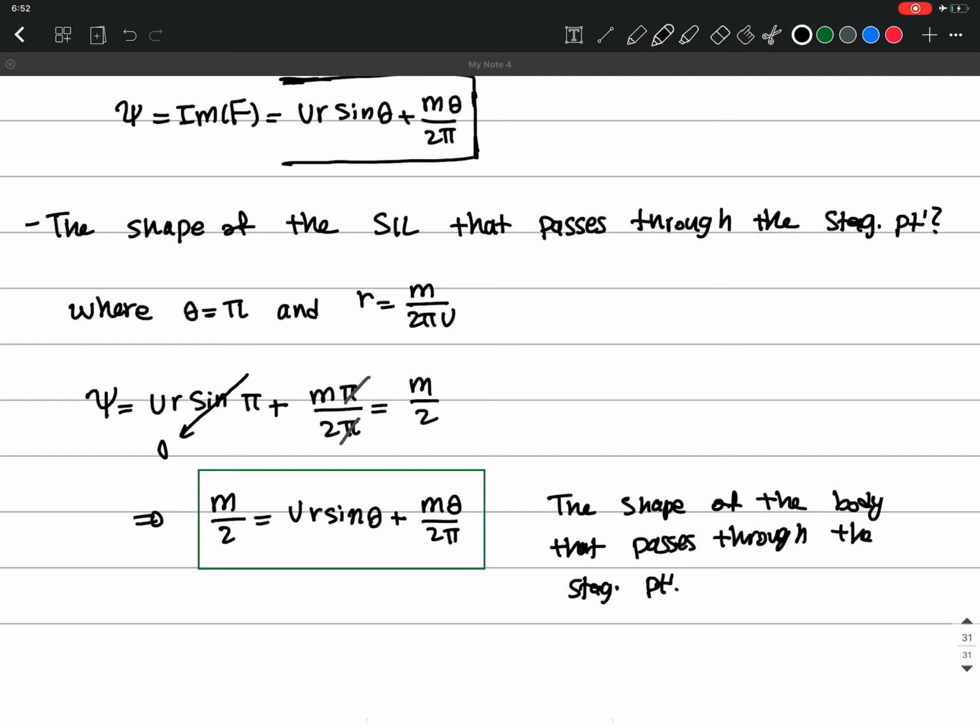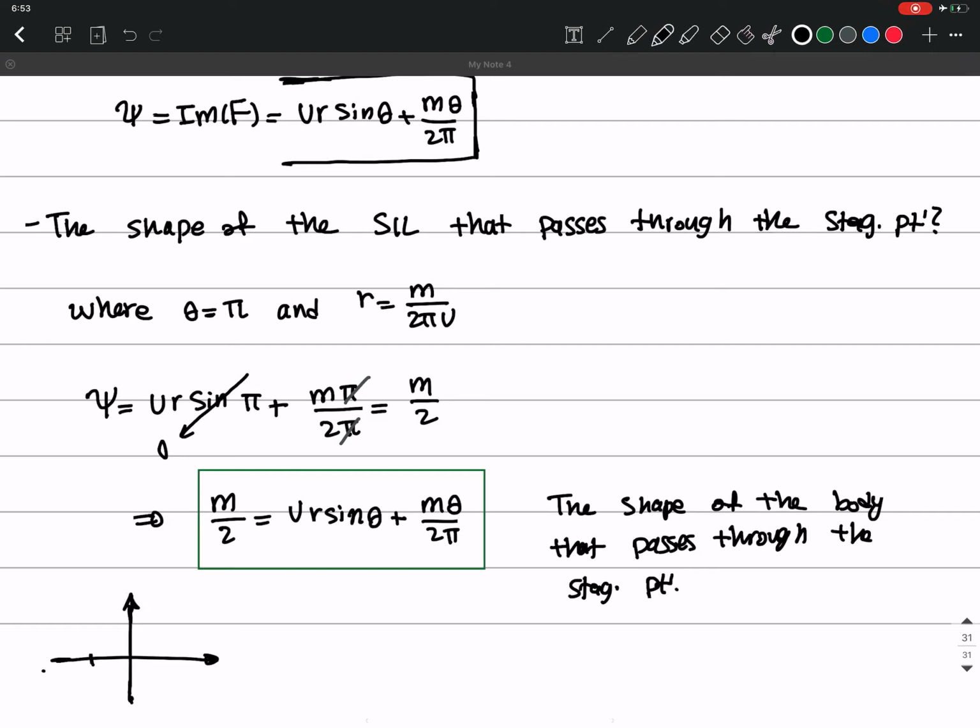Let me draw it here so you better understand. We know here it's m over 2 pi u.